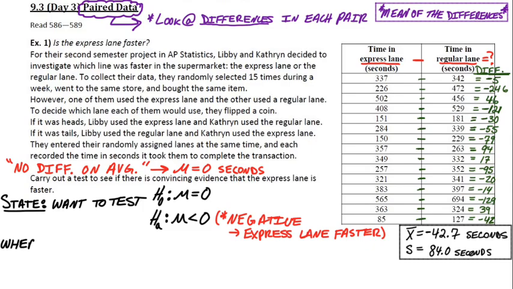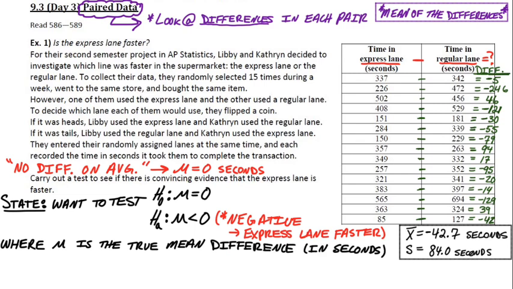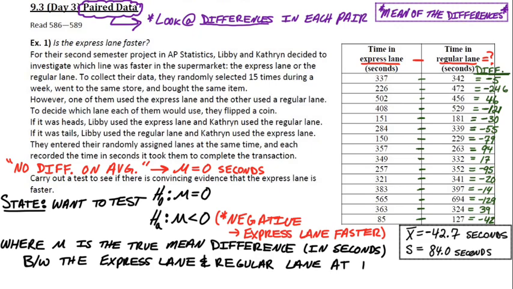Let's say what mu is, right? Mu is the true mean difference, measured in seconds, between the express lane and the regular lane at whatever supermarket they're studying.